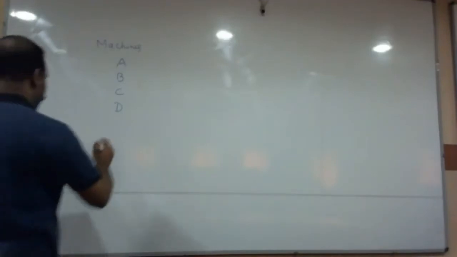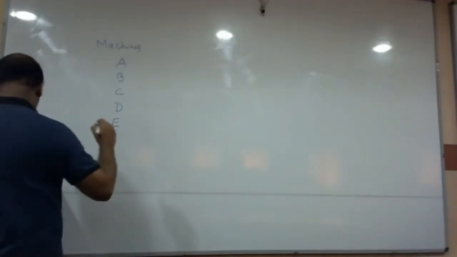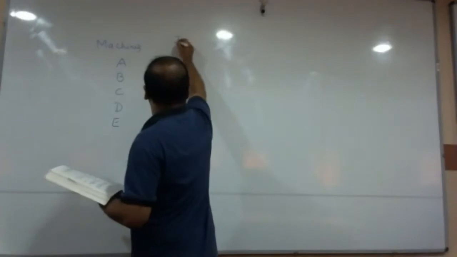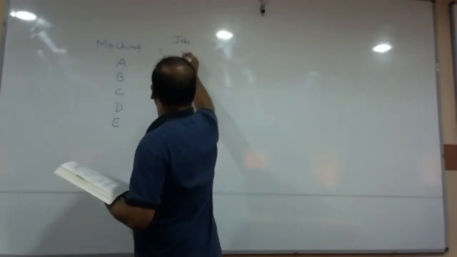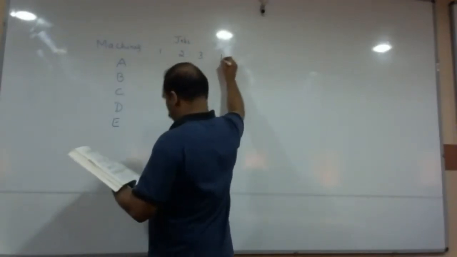Okay, so totally there are 5 machines A, B, C, D, E, and they've given the jobs as 1, 2, 3, 4.